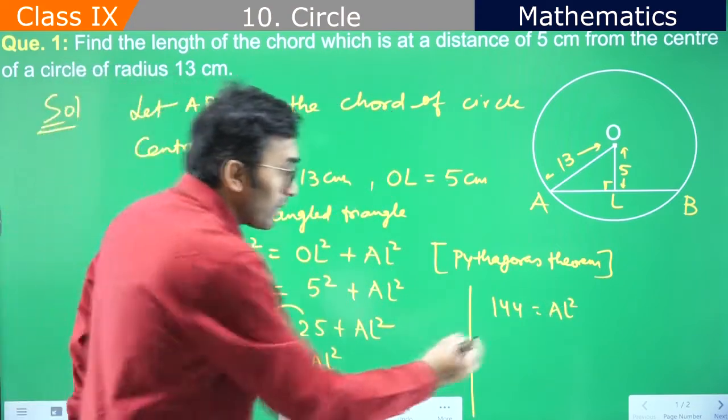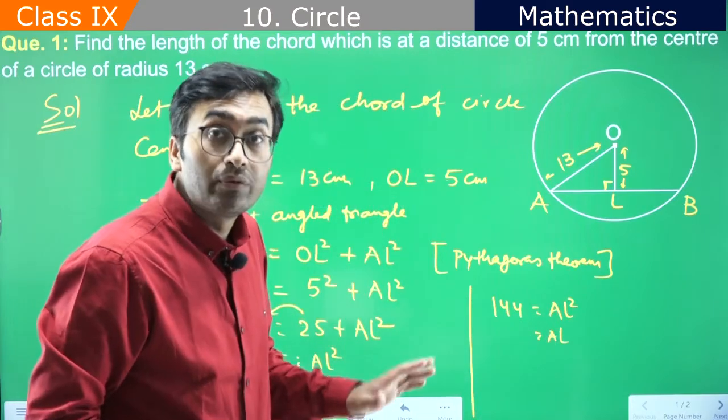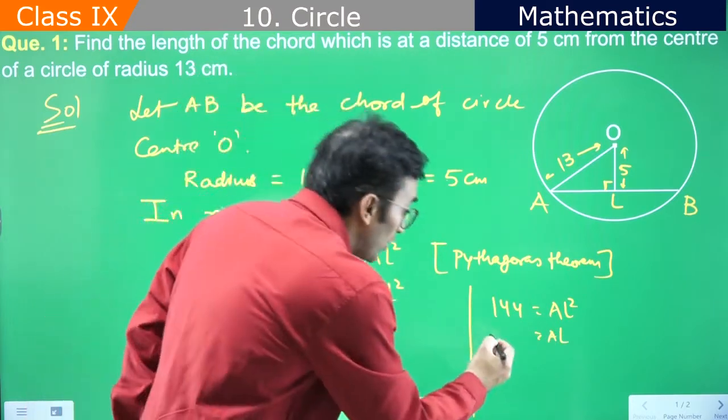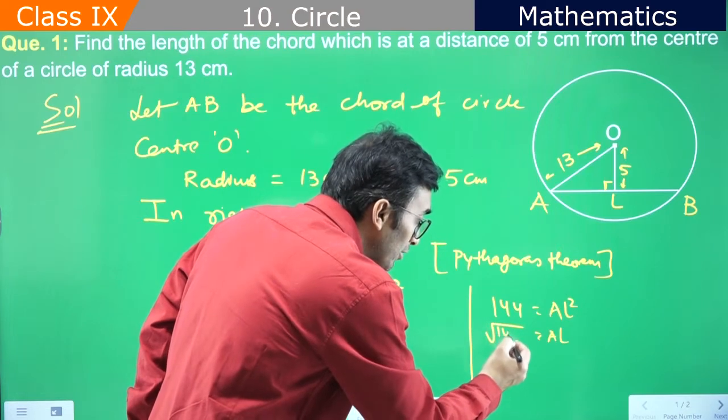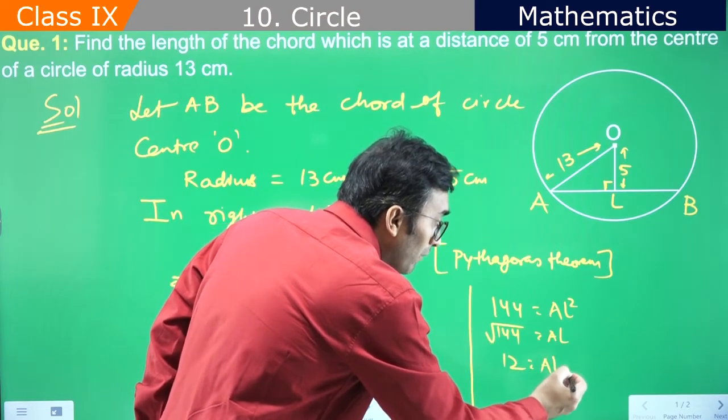Since we want the length of AL, we take only the positive square root of this, so it will give us 12. We got the length of AL.